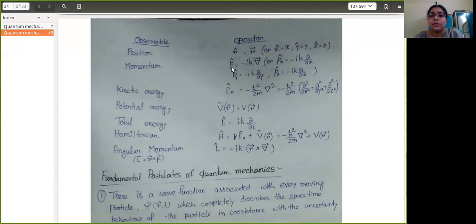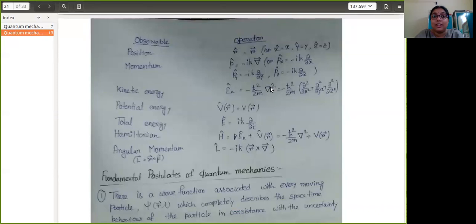The momentum vector is given by minus i h cut grad. Grad you remember from vector calculus: gradient, divergence, curl. In 1D it is minus i h cut del del x. The kinetic energy is given by minus h cut square by 2m Laplacian.